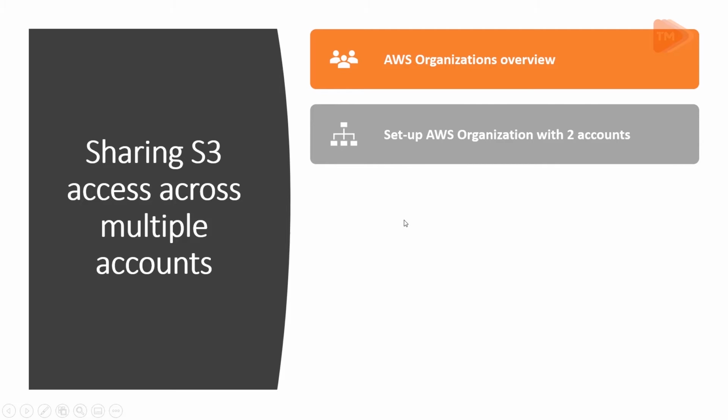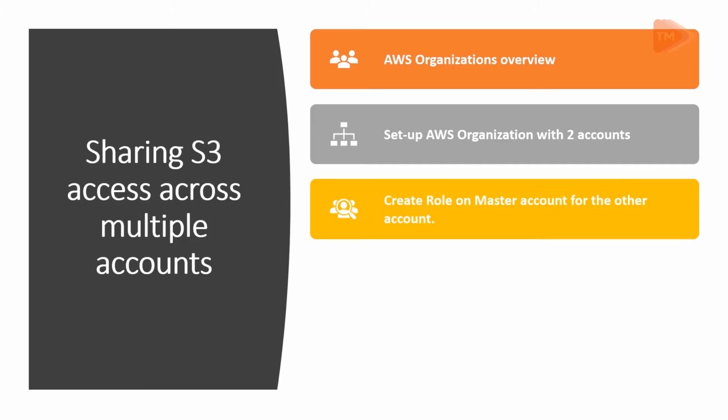Then obviously, like I mentioned, we're going to set up an AWS organization with 2 accounts. So I have 2 accounts. I'm going to set it up to access this. Now then we are going to create a role on the master account for the other account. So what that means is basically you're going to give a role to the other account that you're going to add. So basically take it in this way.